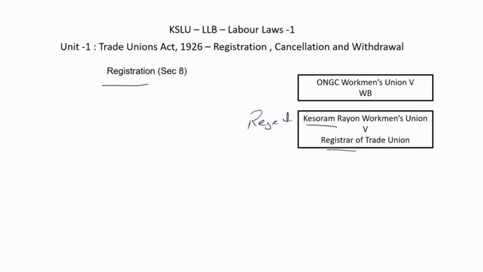He has to give a registration certificate. There is no point of registration rejection from the registrar if all the information furnished by the trade union is in accordance with the Trade Union Act of 1926.